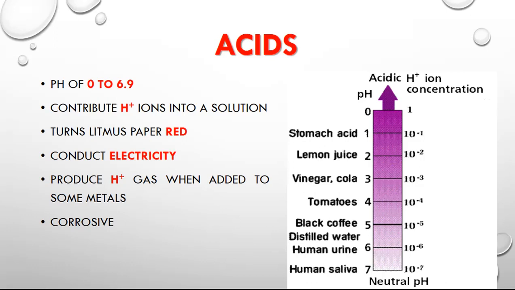They conduct electricity and produce hydrogen gas when added to some metals, and they are also very corrosive. You have the figure showing the different materials with the pH scale and also the concentration, 10 to the power of 1, and so on and so forth.